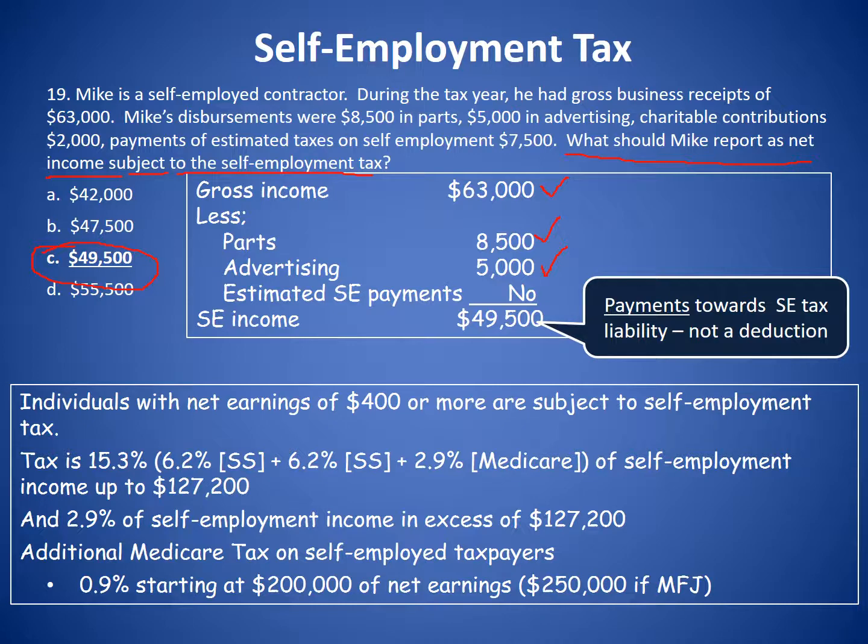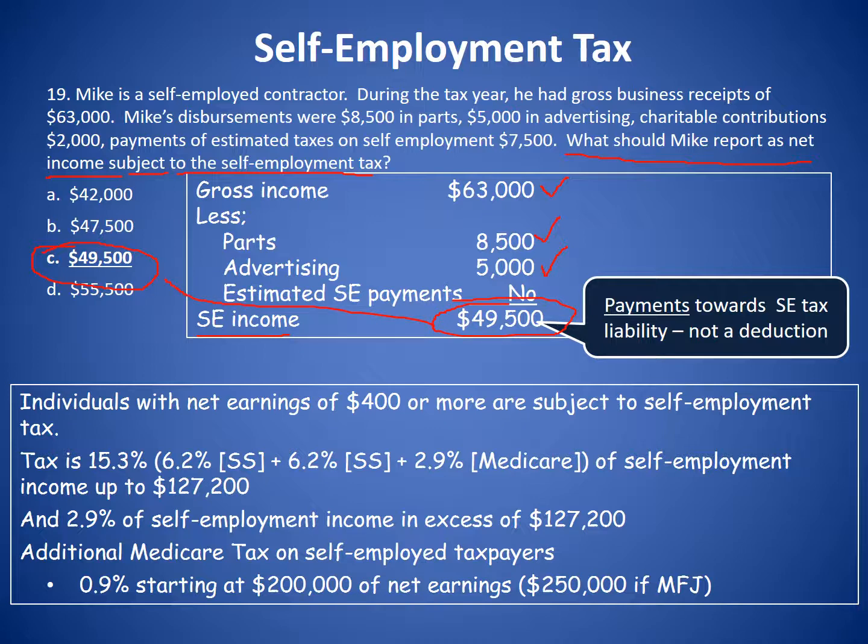Now, the payments he made for self-employment tax are not a deduction. They're not tax deductible for arriving at self-employment income. They will be applied against his tax liability, but they're not deductible. Okay, so his self-employment income is $49,500, which is the answer to C.